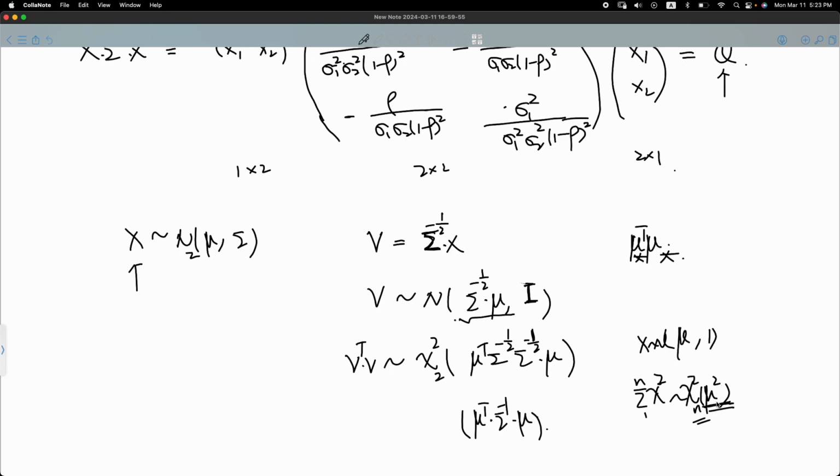That's for the univariate case. But for our multivariate case, it's mu transpose mu, where mu refers to the new mu after transformation. So you need 2 copies of that, and it ends up with this one. I'm not sure if that makes sense or is new to you guys.